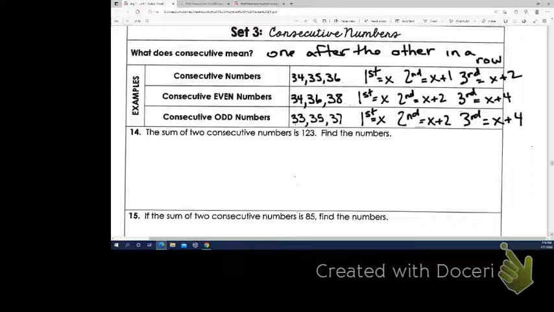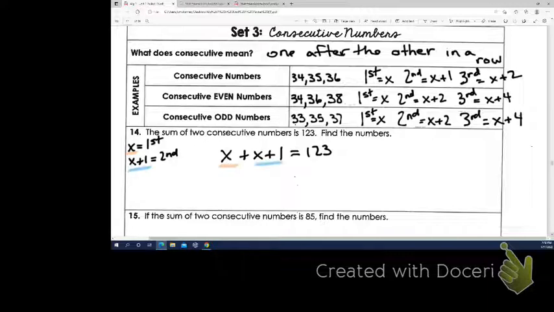All right, so let's take a look at a couple of these problems. 2 consecutive numbers, so I only need 2, and it didn't say even or odd, so I used that first setup. So x is my first, and x plus 1 is my second. Or I might not even bother to write that down since I have it right here at the top of my page, but it would look like this. x plus x plus 1 is 123, because this represents the first, right?